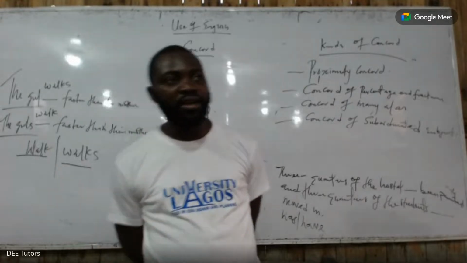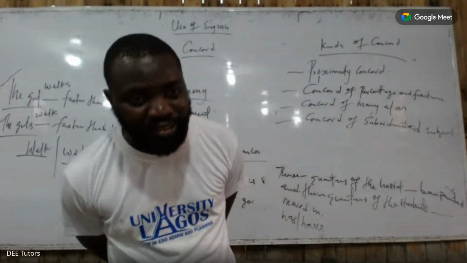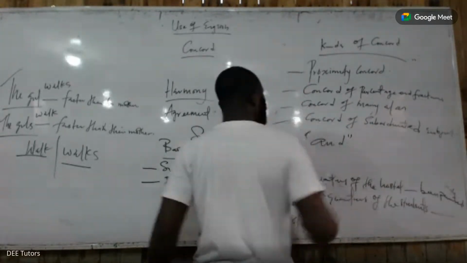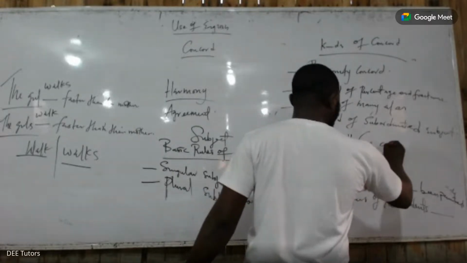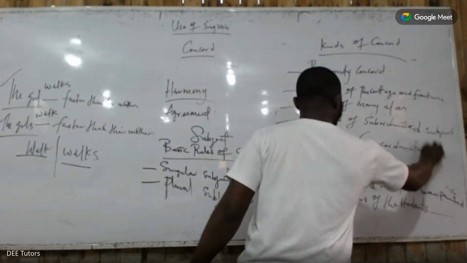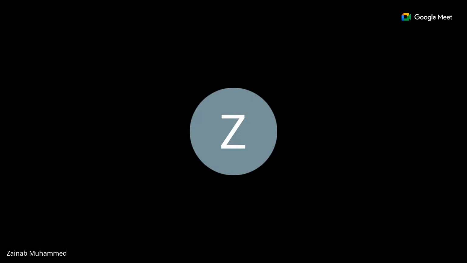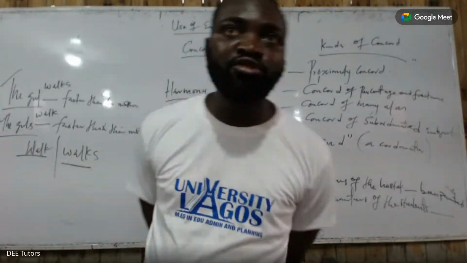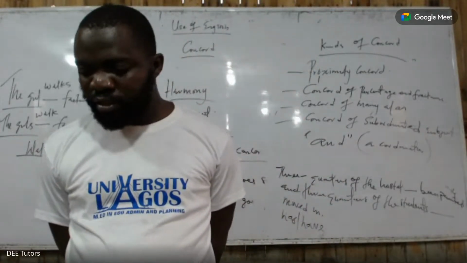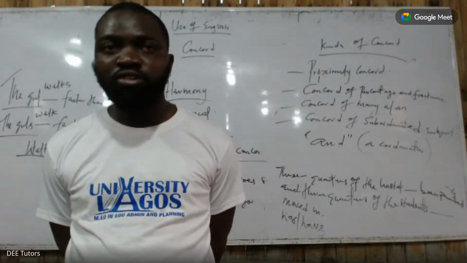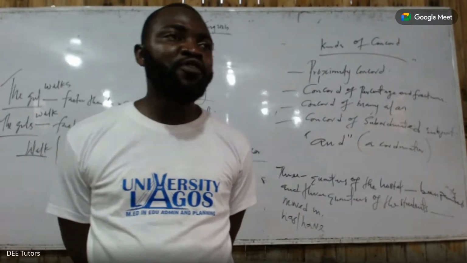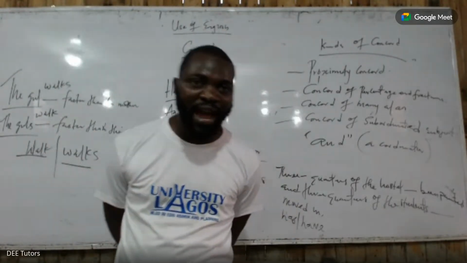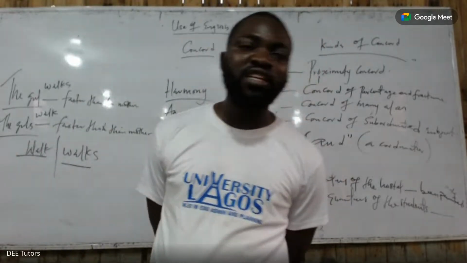When the conjunction "and", a coordinator, is used to link the subjects, the subjects before and after will be relevant in controlling the verb.